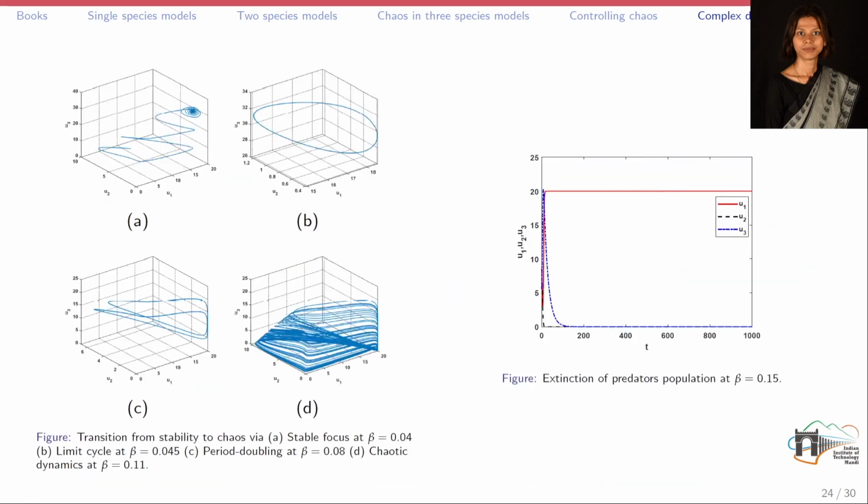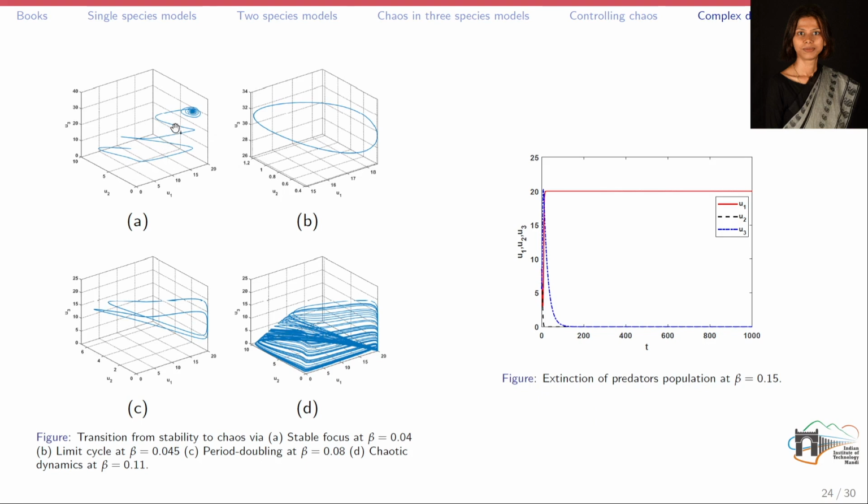So we studied this mathematical model, and we saw the transition in the dynamics of the model. What we saw is that when this beta term, which was one of the sensitive parameters, is increased, then initially there is a stable focus dynamics.